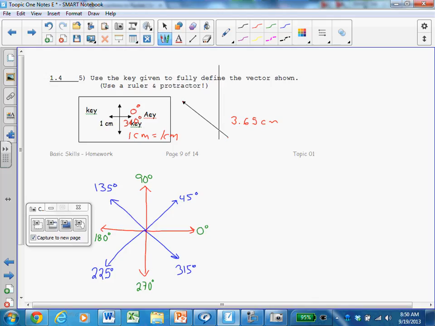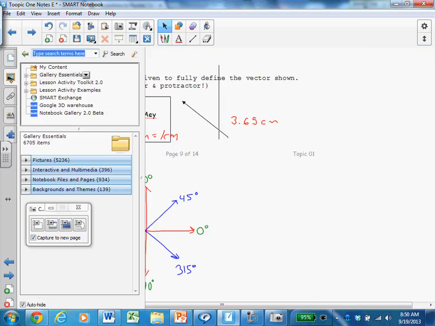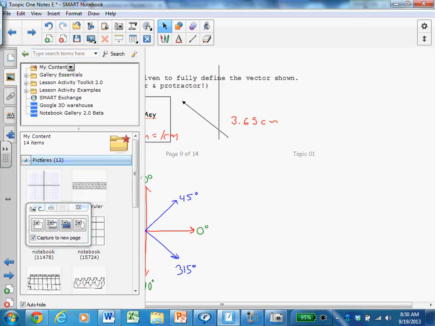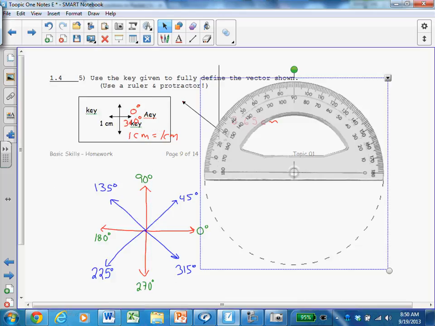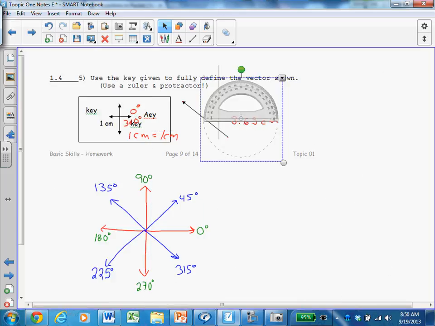Now how are we going to get the angle? Well, we're going to bust out our protractor, right? It's a little bit big, that I can nicely shrink down.